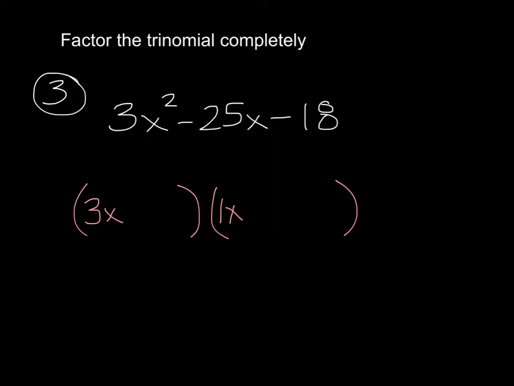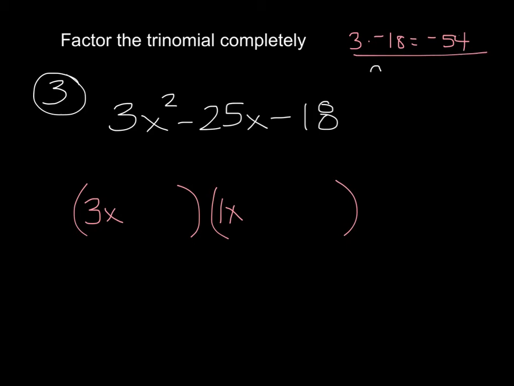Okay? Then we're still going to take the first term times the last term. So 3 times negative 18 is going to give you negative 54. So then we want to find all the factors of negative 54.